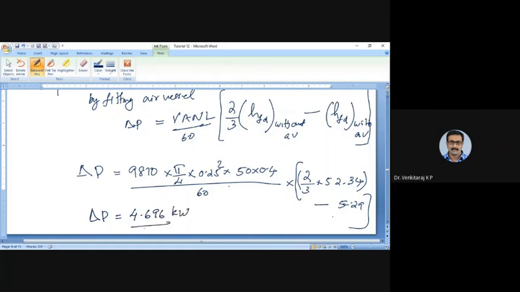So this is the power saved against friction when we fit an air vessel on the delivery side of the given single acting reciprocating pump.